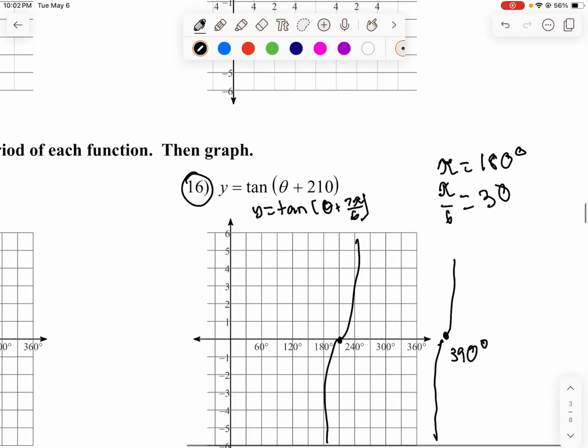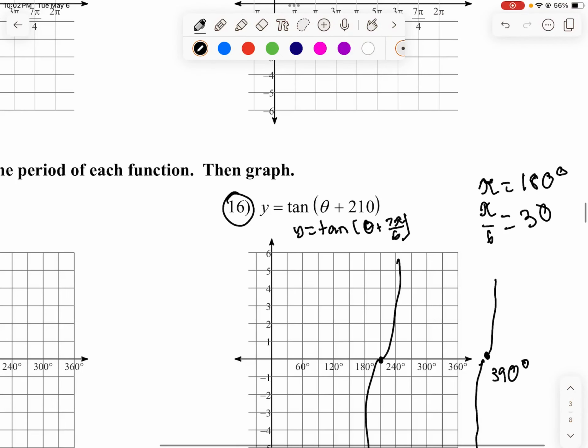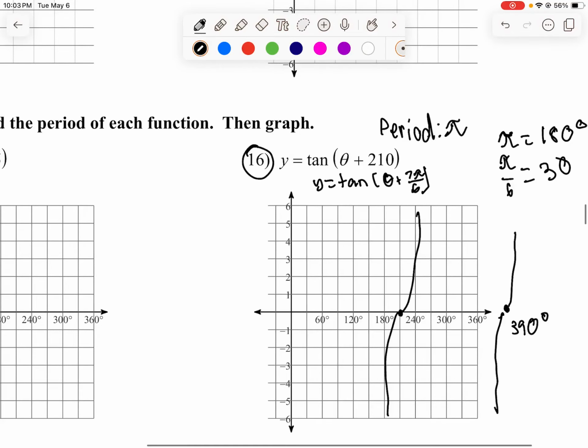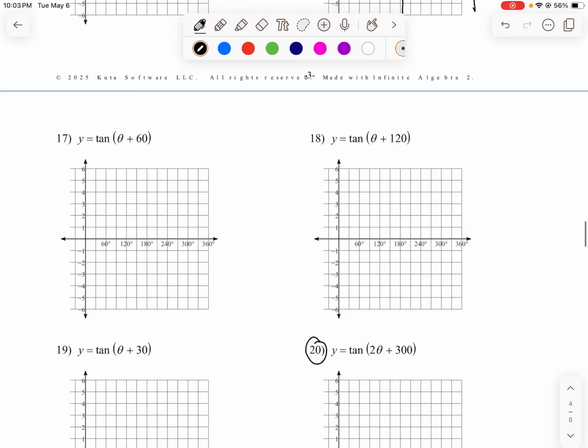Anywho, you got that? But you also need the period for this section as well. Period is still just pi, because you didn't actually change anything with the theta itself. It's just theta, so it's going to repeat every pi, or every 180 degrees if you prefer that.